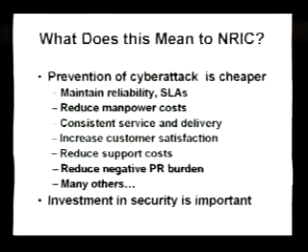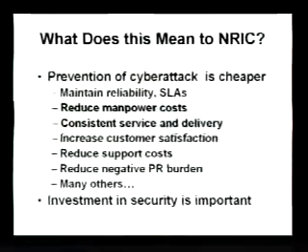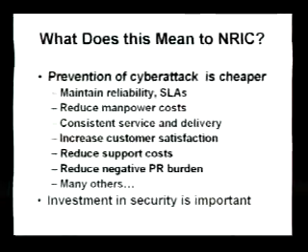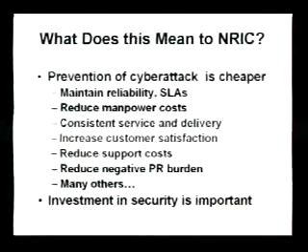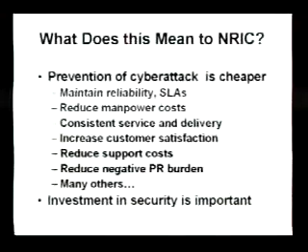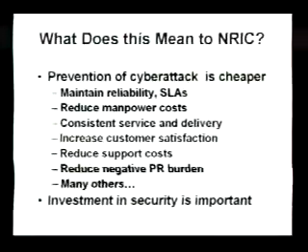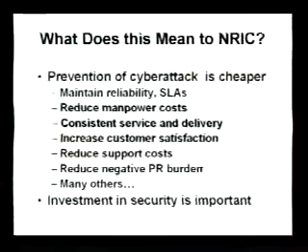Prevention of cyber attack is cheaper in general than responding if you can do it. Most of these sub-bullets here really were summarized, I think, in four words by the VP of Engineering of Comcast Cable when he said, outages bum out customers. And there's a bunch of implications of that, but it's a bad thing. There's also the matter of the support costs, right?